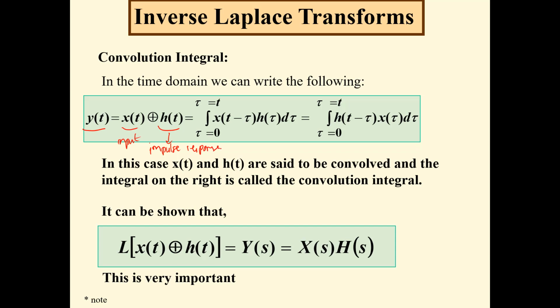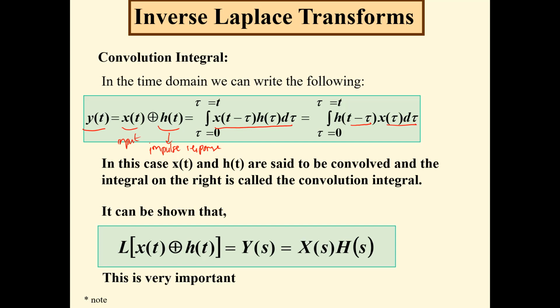So we use the convolution integral of τ from 0 to t, x(τ) h(t minus τ) dτ, or this is similar to the integral of τ equal to 0 to τ equal to t of h(τ) x(t minus τ) dτ.